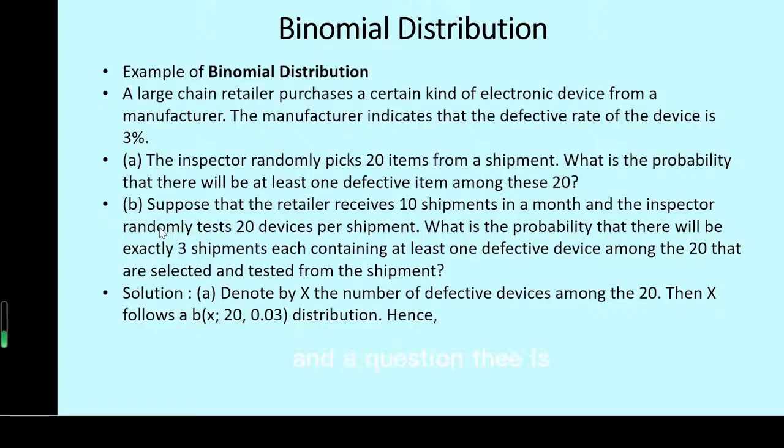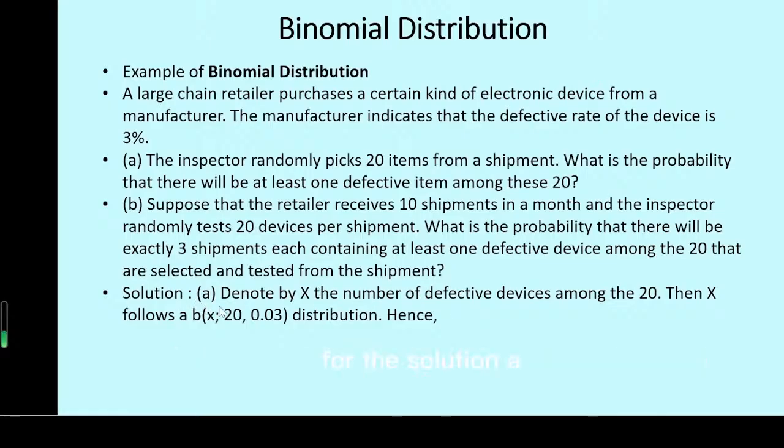And question B is, suppose that the retailer receives 10 shipments in a month and the inspector randomly tests 20 items per shipment. What is the probability that there will be exactly 3 shipments, each containing at least one defective device among the 20 that are selected and tested from the shipment?